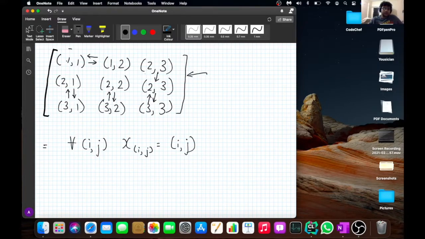So 1 1 ends at 1 1, as opposed to like 1 3 which ends at 2 3, right? So I'm referring to all of these nodes which end at themselves. So let's call these terminal nodes.